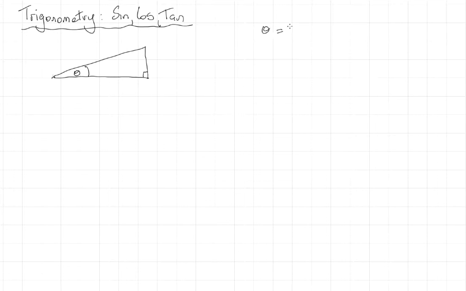Theta is a Greek letter of the alphabet, and it's common to use theta as an angle. We could use alpha or beta. All of those three are probably the ones used most commonly for angles.